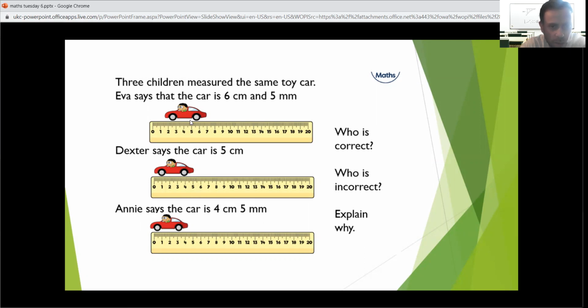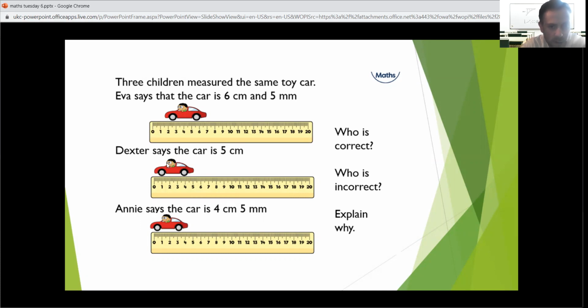If what she's done, she started at, for some reason, 1.5. Okay, so 1 centimeter, 5 millimeters, and she's gone all the way to 7. So that's not quite right.